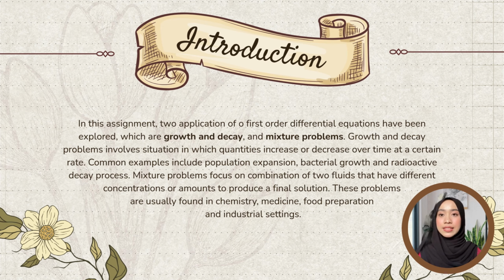On the other hand, mixture problems focus on combining two or more substances with different concentrations to form a final solution. These problems are widely applied in fields such as chemistry, medicine, food preparation, and industrial processes. Both applications help us model real-world problems mathematically and predict outcomes accurately.